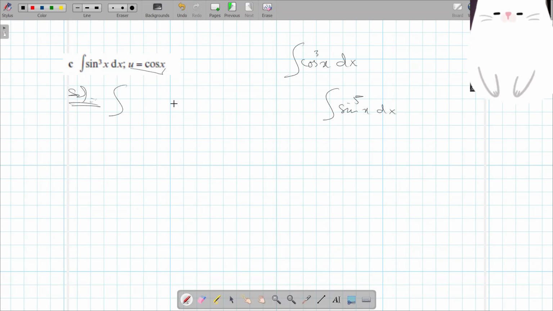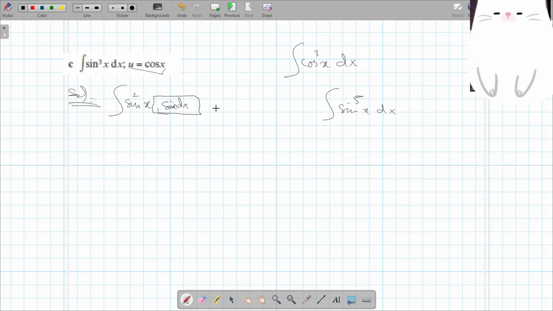Actually, let me give you the basic idea to solve this question. Whenever you have odd power of sine and cosine, odd power like power 3, power 5, all are the same actually. What you have to do is break this power and give one sine x to dx, like this.